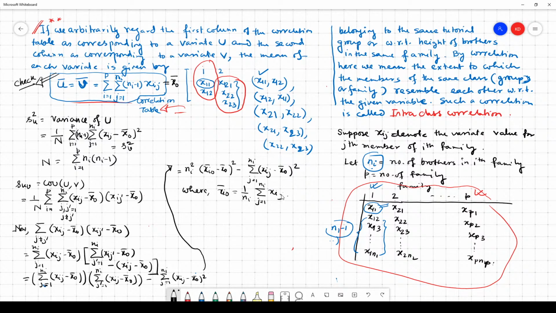Okay. So this means the mean of x in the ith family.